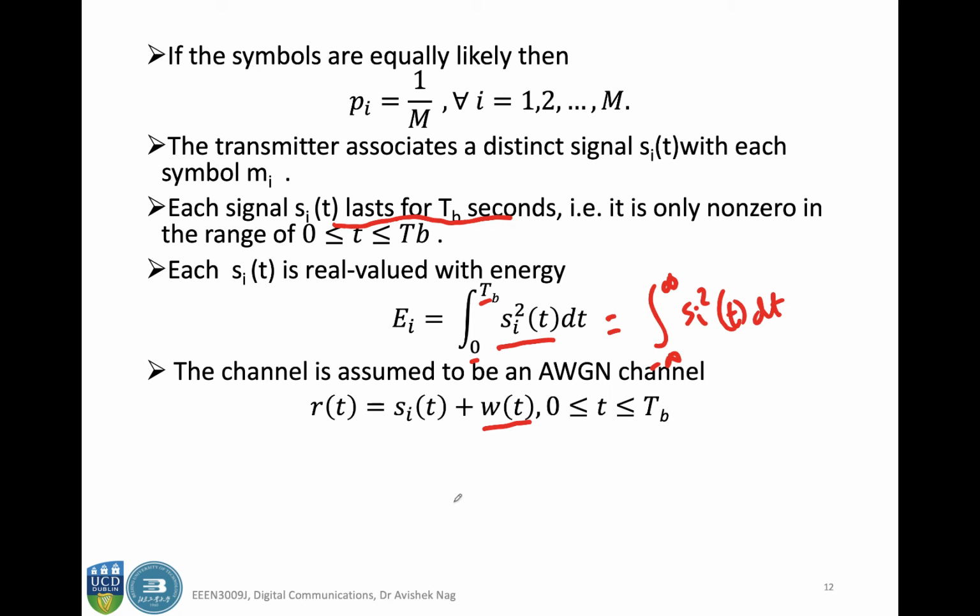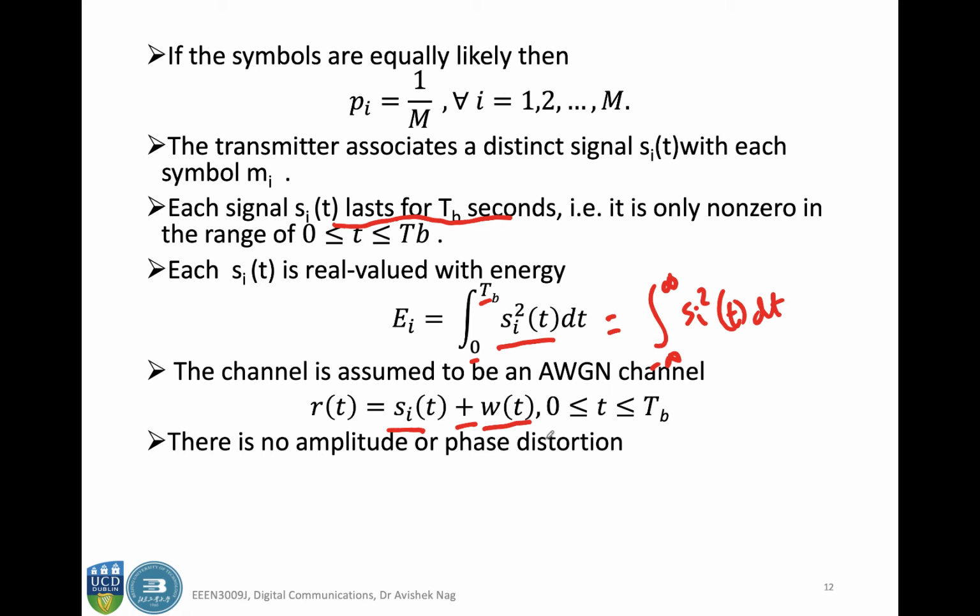And that noise is getting added when the signal passes through the channel. So that's why it's an additive white Gaussian noise channel. So the received signal is basically the transmitted signal plus the noise, and then we also assume that the channel does not have any amplitude or phase distortion.